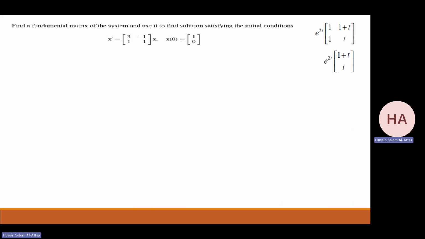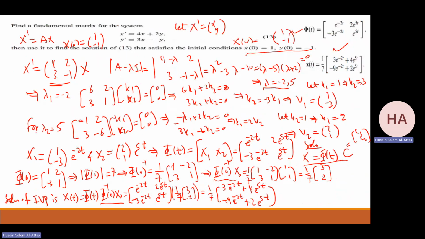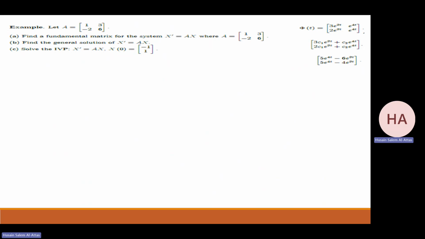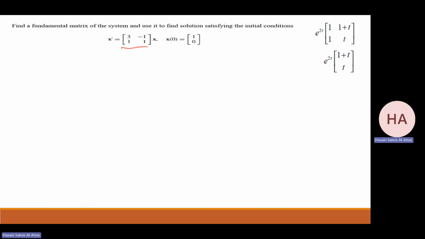Now another problem where you have repeated eigenvalues. I'm showing you different cases, back in chapter 7, where we can get 5t. Then we'll go to the exponential matrix, where it will be easier. Okay, then I need to find the eigenvalues. 3 minus lambda, minus 1, 1, 1 minus lambda.